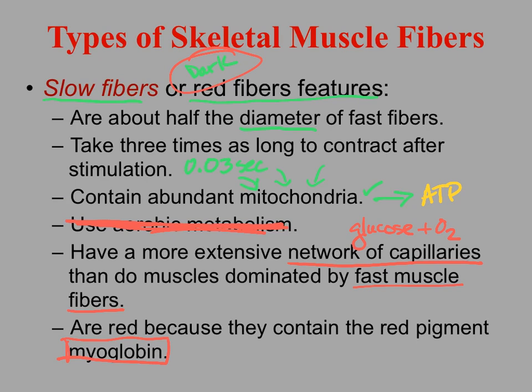But these red muscle fibers are these endurance fibers that don't fatigue as quickly as the fast muscle fibers, so they can continue to contract over longer periods of time. But they aren't as strong or as forceful as the white muscle fibers. So I'll give you one last analogy.